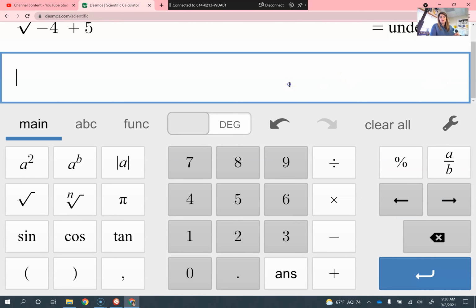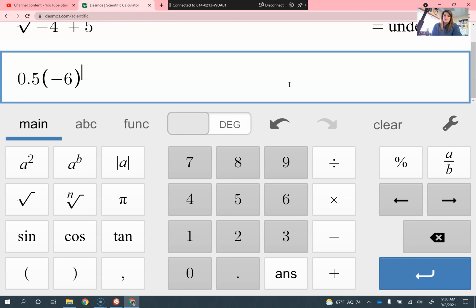On the Windows side, I would type 0.5, parenthesis, negative 6, shift 6 for the square, and then minus 3. This tells me I have a y value of 15. So when x is negative 6, my y value is 15. So I will put a point at (-6, 15).